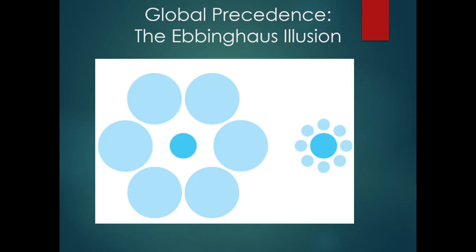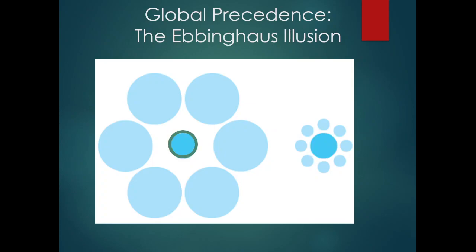All right, so what we see is a dark circle, and on the left, it's surrounded by big light blue circles, and on the right, it's surrounded by little light blue circles. And the illusion is that on the left, the dark blue circle looks smaller than the dark blue circle looks on the right. In fact, these circles are the exact same size, but our brain says, no, they're not.